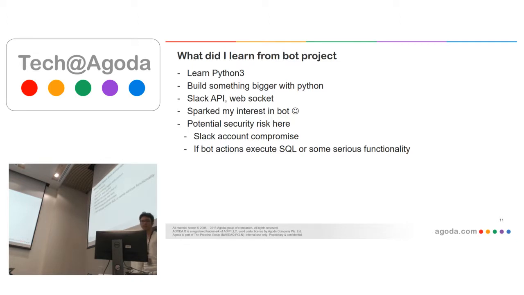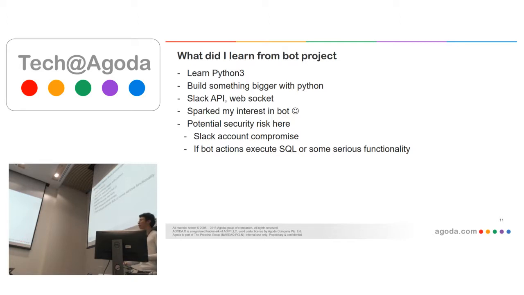Yeah, and I learned a lot about the Slack API, WebSocket, and it started my interest in building bots. I also learned about some potential security risks. Because the bot sits inside the firewall, it can receive commands. It's like remote code execution, right?